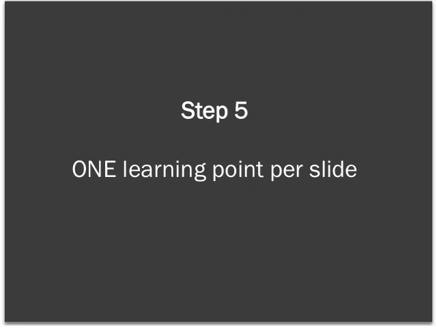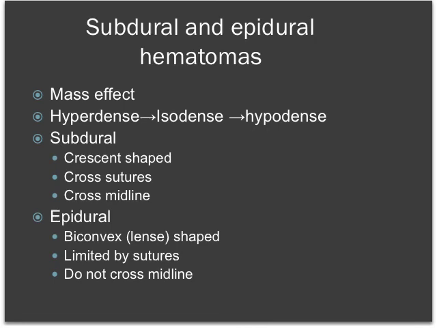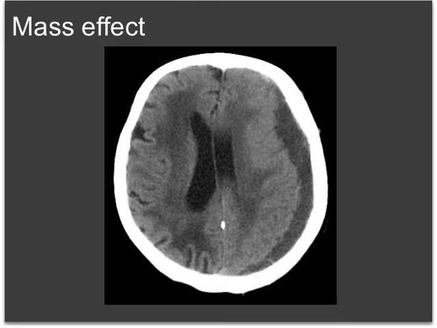As I said before, you want one learning point per slide. So let's go back to the slide I had talking about subdural and epidural hematomas. How can we better present this information? Well, we could do it like this. I might first of all just take mass effect, talk about how extraaxial blood, in this case a chronic subdural, has mass effect, and explain that until I was sure my students understood it.